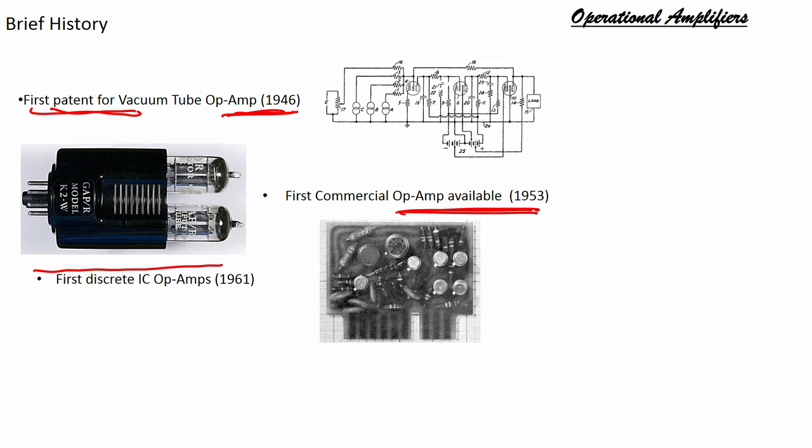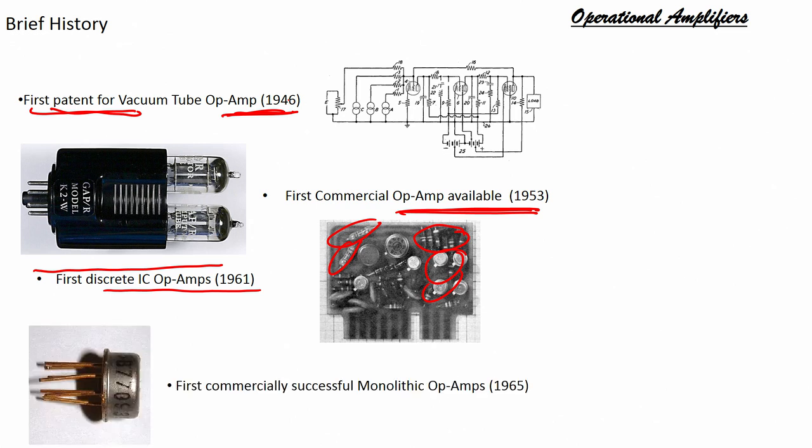Now if we move further, then discrete IC based op amps. In 1961, you see discrete IC, you can see here some resistors, you can see other components, you can see here some transistors, right. So discrete IC based op amps were first invented in 1961. Okay. So we started from 1946, we reached 1961.